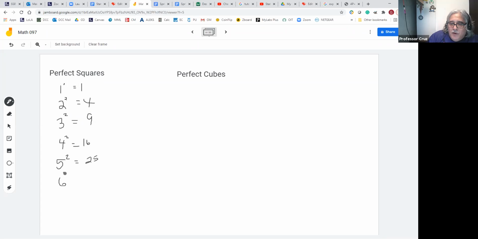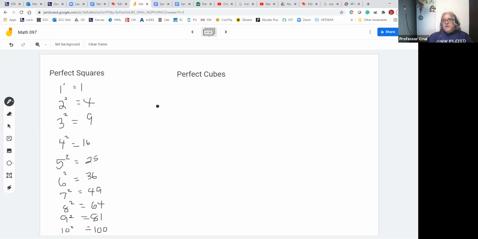And you could keep on going, but these get big pretty quick, especially the cubes. I'll go up to 9. And of course, most people know about 10 squared because that's 100.